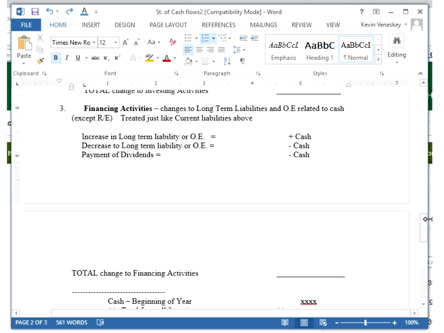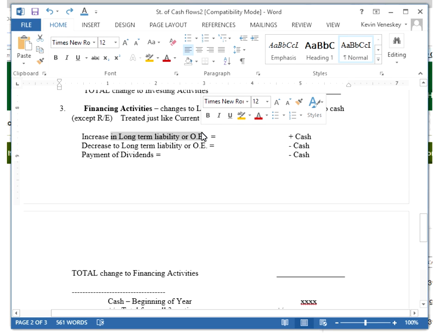As you'll see with the financing activities, anything that happens is treated just like a current liability up above. Therefore, say I sold some stock, an increase in owner's equity, and my overall stock value, the par plus the additional paid-in capital, went up $15,000.